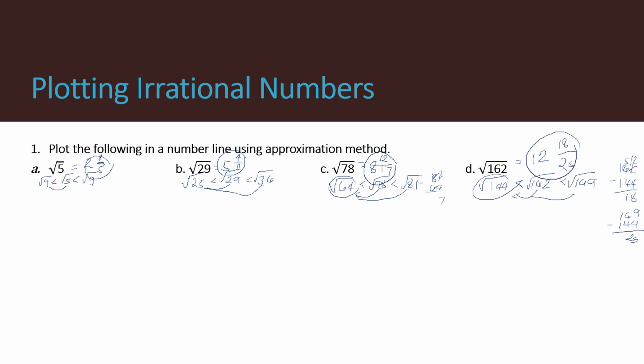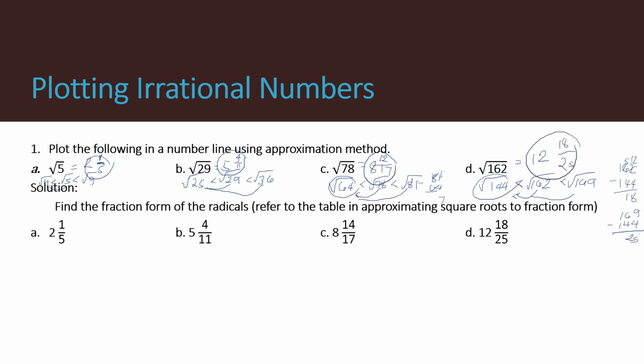Let us check if it's correct. Yeah. So letter A, the square root of 5 is approximately 2 and 1/5. The square root of 29 is approximately 5 and 4 over 11. The square root of 78 is approximately 8 and 14 over 17.